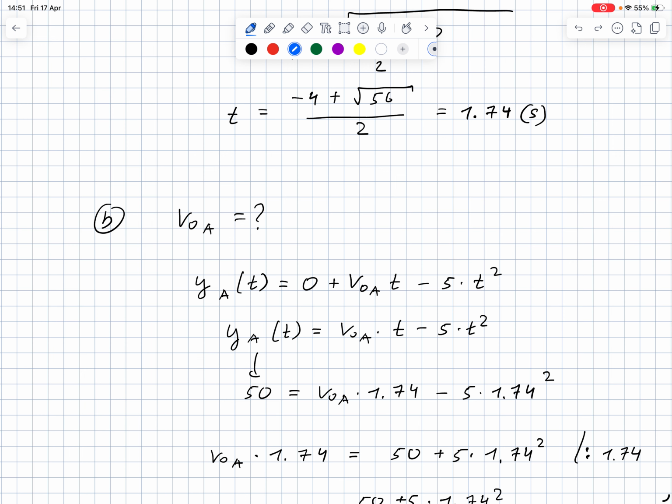Again, I'm going to use the collision time that we found in the previous part, which is 1.74 seconds, and we will use it here and here.